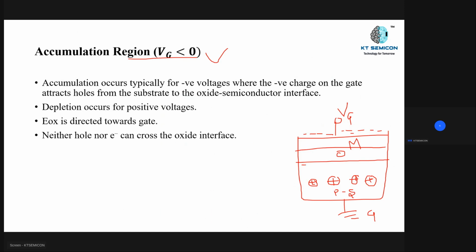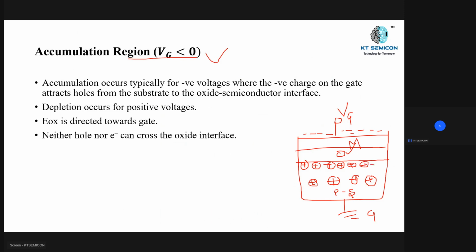Then all the holes in the p substrate try to move toward the gate. But because of the dielectric, because of this oxide layer, this oxide layer acts as an insulator, right?